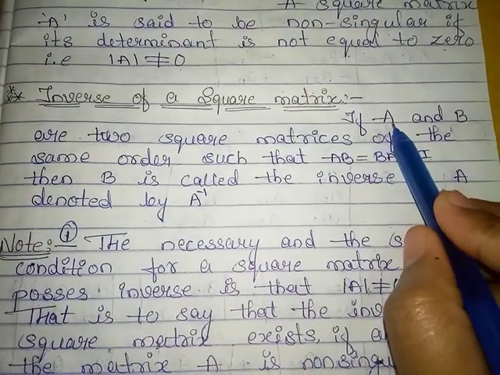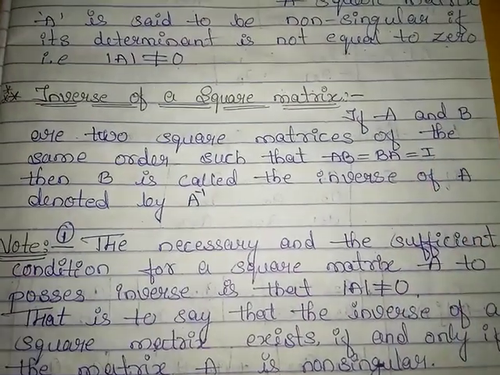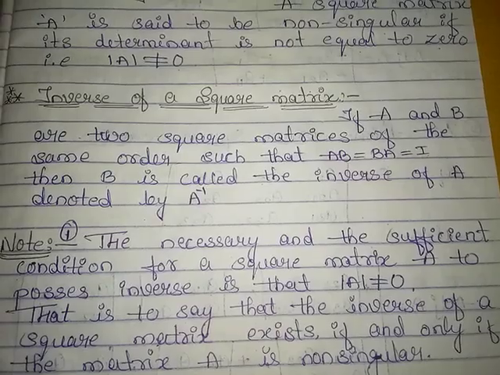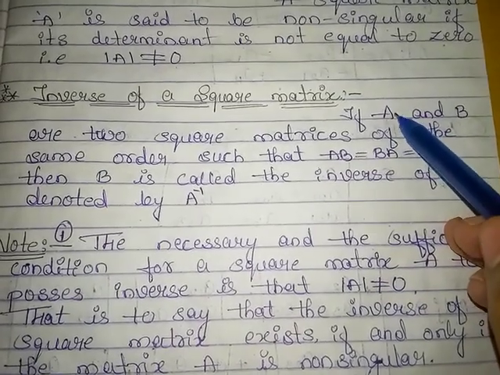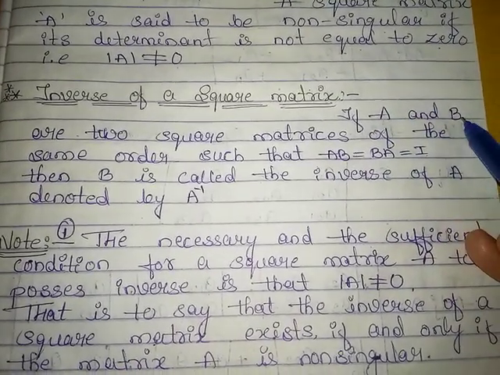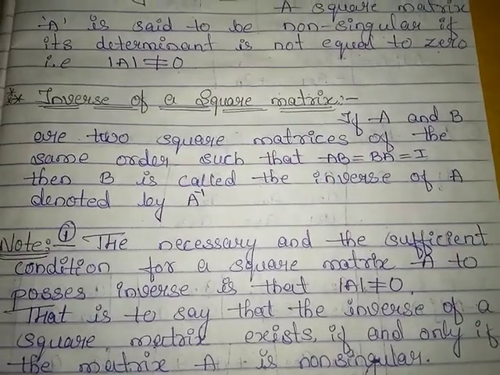If A is a 2 cross 2 matrix, then B should be 2 cross 2. Similarly, if A is 3 cross 3, B is also a 3 cross 3 matrix.